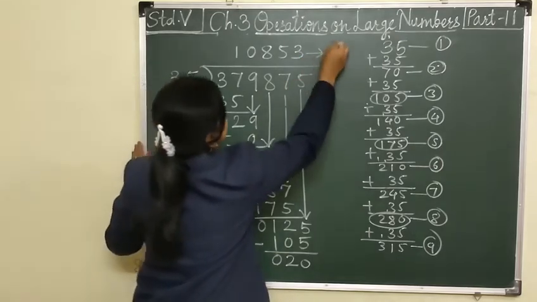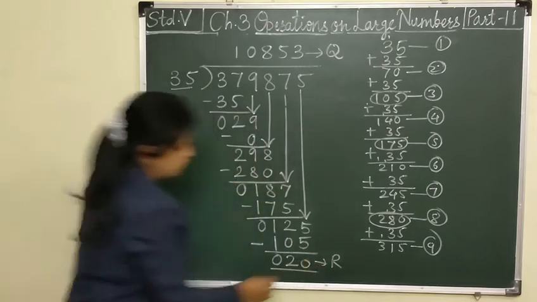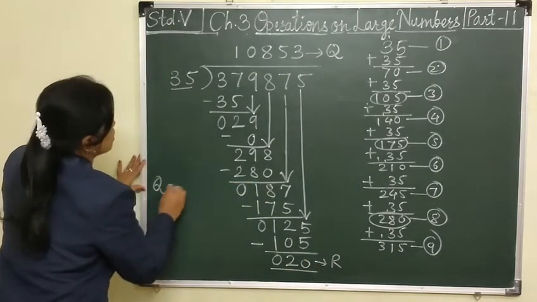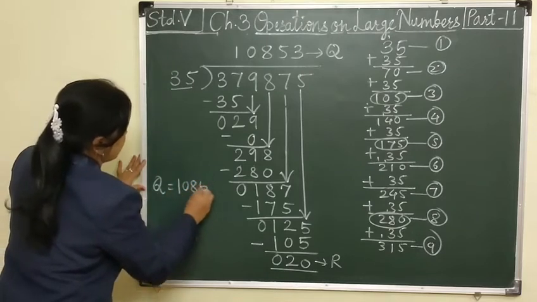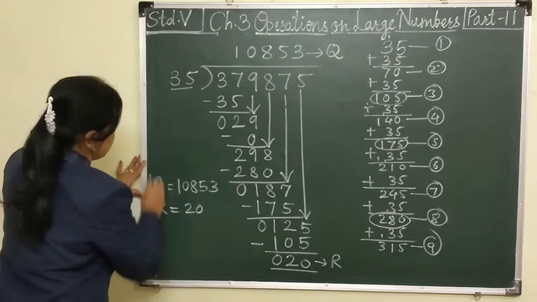So check, this will be the quotient and this will be the remainder. The quotient is equal to 10853 and the remainder is equal to 20.